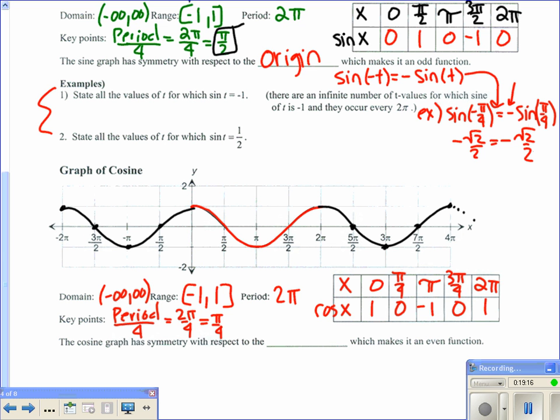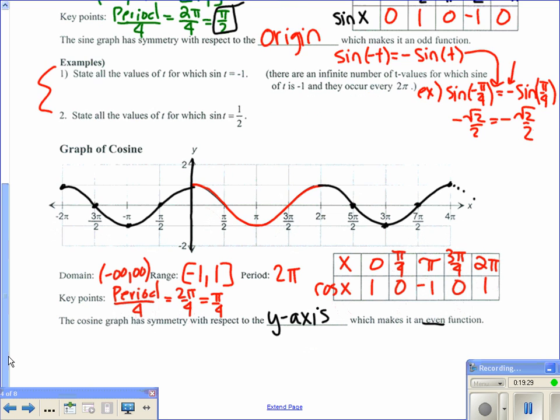We know that cosine has symmetry with respect to the y-axis. So if I fold it in half on my y-axis, notice I end up with the same thing. So that makes it an even function. So for this, I know that the cosine of negative x is going to be equal to the cosine of x.